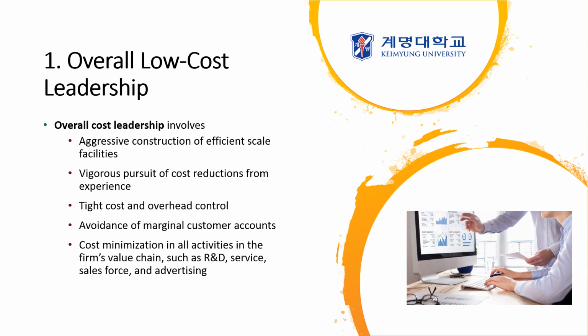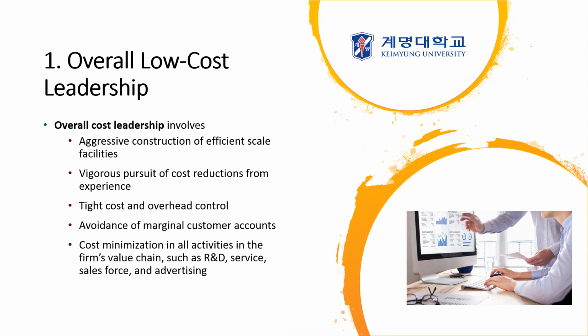If you open your book at page 142, Exhibit 5.3 shows the value chain concept to provide examples of how a firm can attain an overall cost leadership strategy in its primary and support activities.